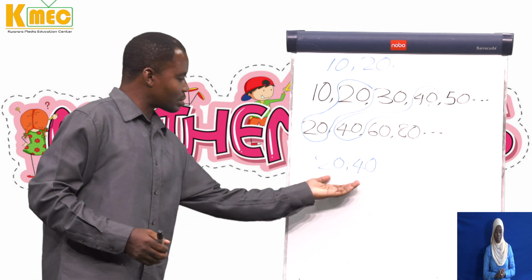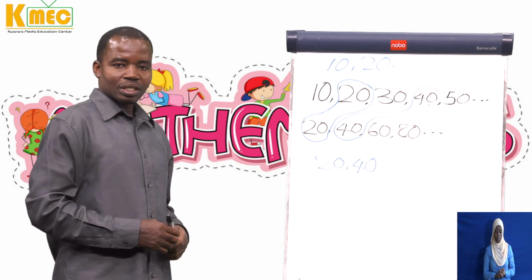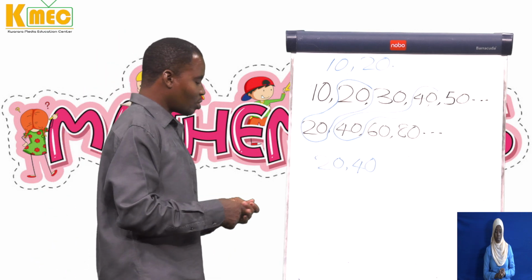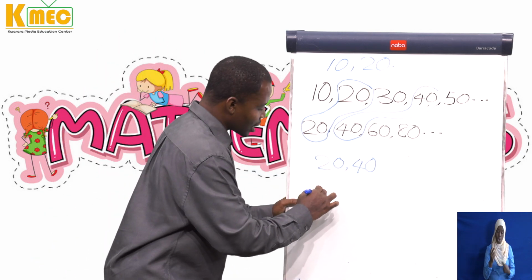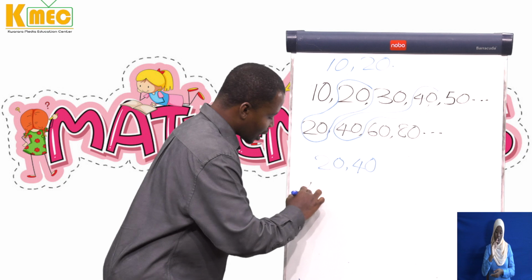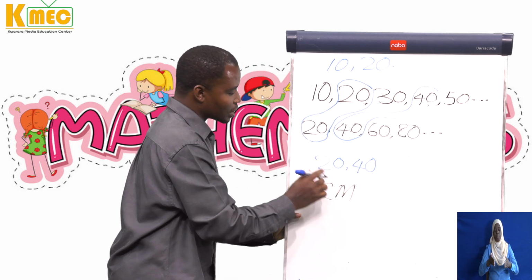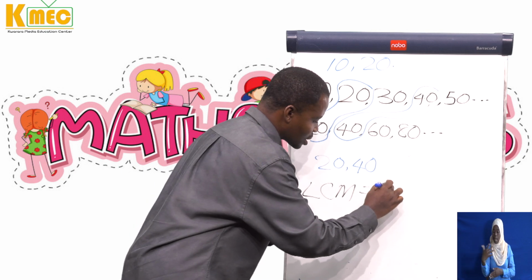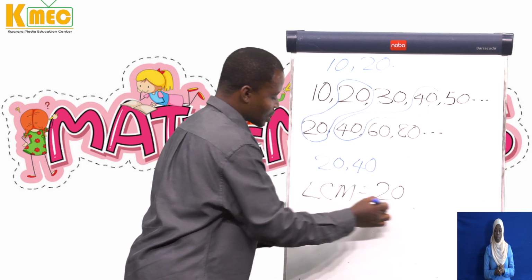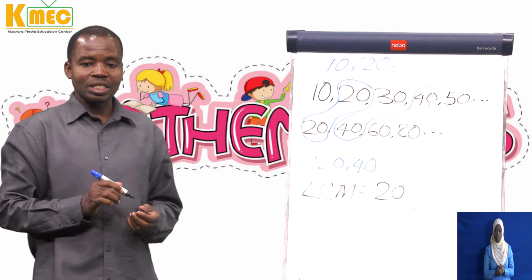Very good. 20 is the lowest. Therefore, the LCM of 10 and 20 is 20.